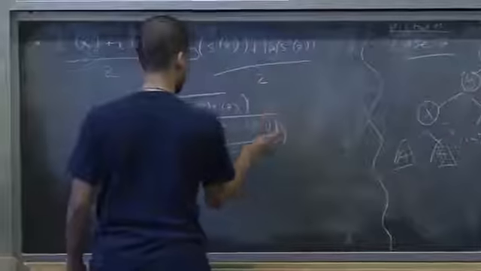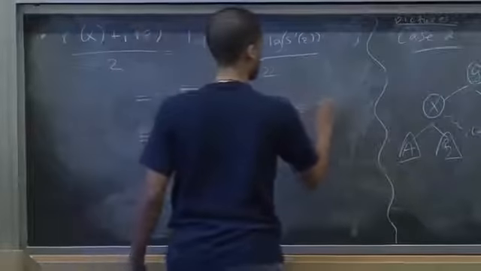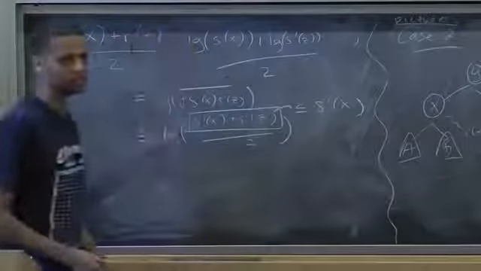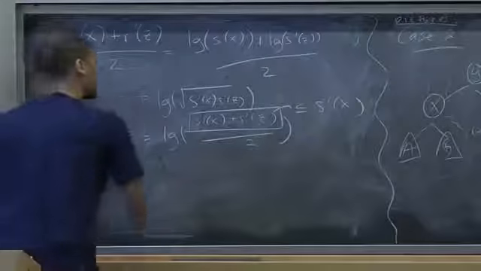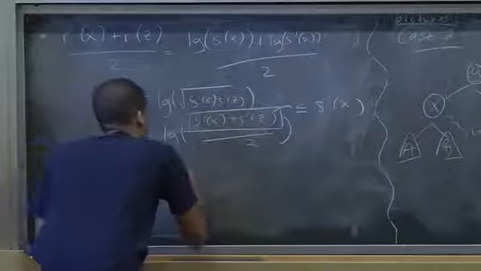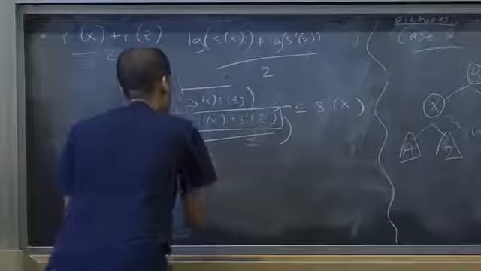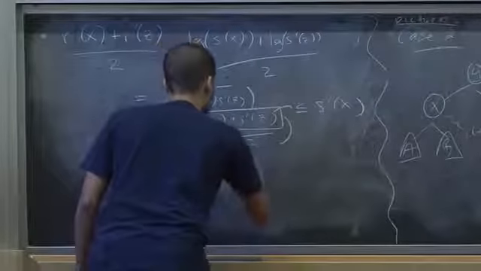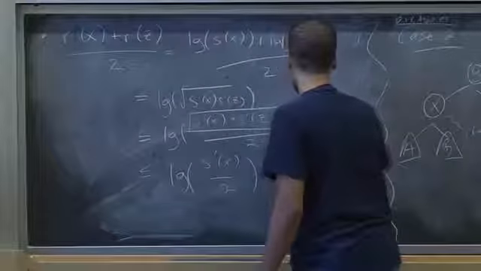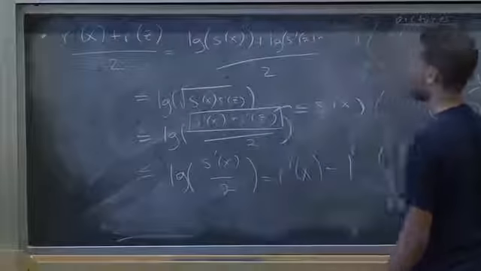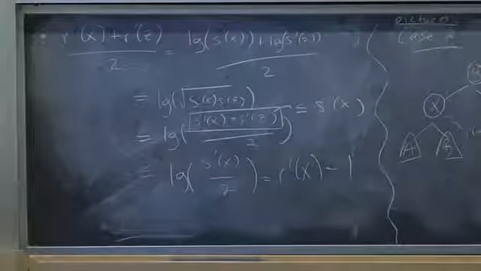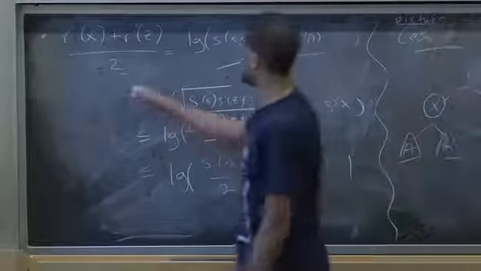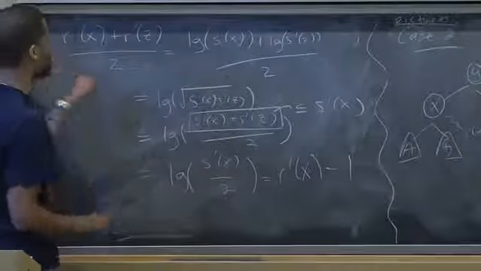So this thing here is at most S prime of x. So this is at most log of S prime of x over 2, which equals r prime of x minus 1. And then now you multiply by 2, and you subtract off r of x.